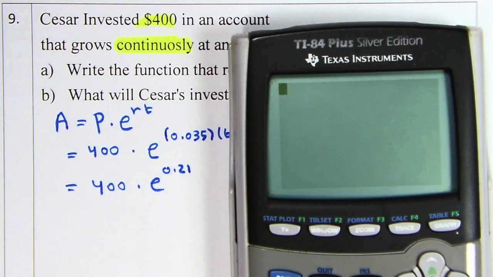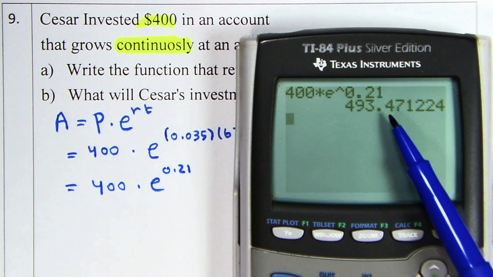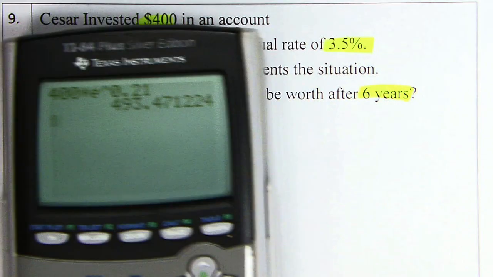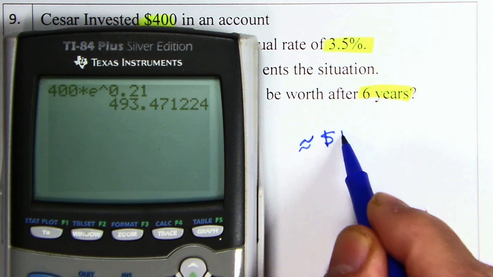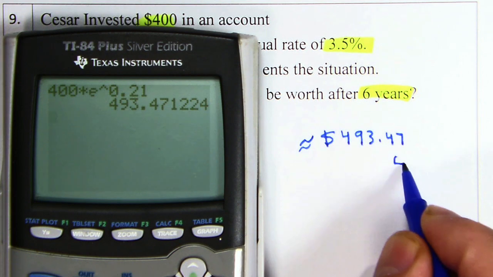Let's erase everything. 400 times e to the power 0.21 will be approximate, since we need to round. That's going to be 493.47, and that's about $493.47. And that should do it for this problem.